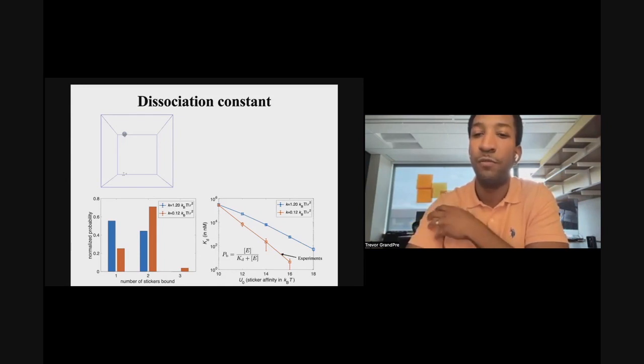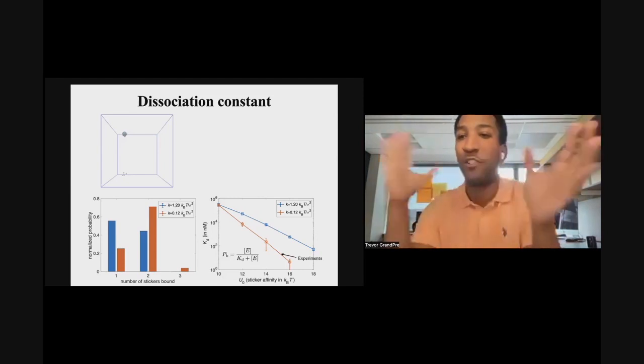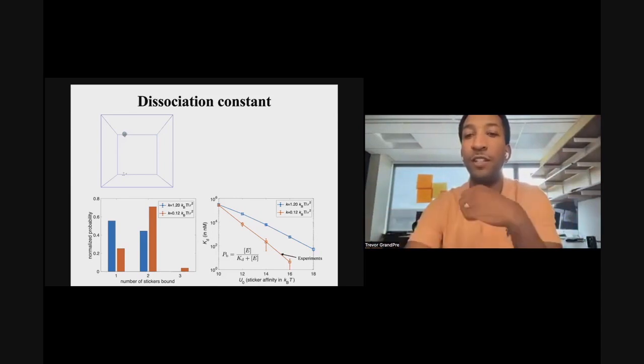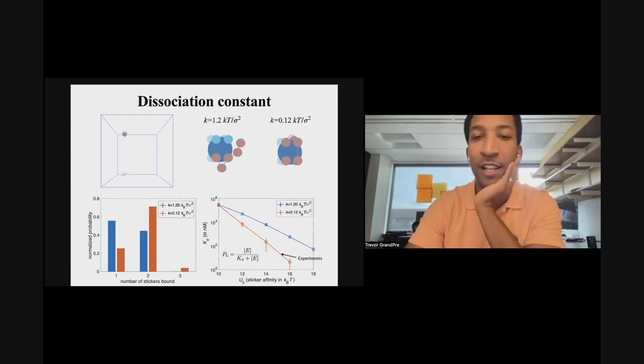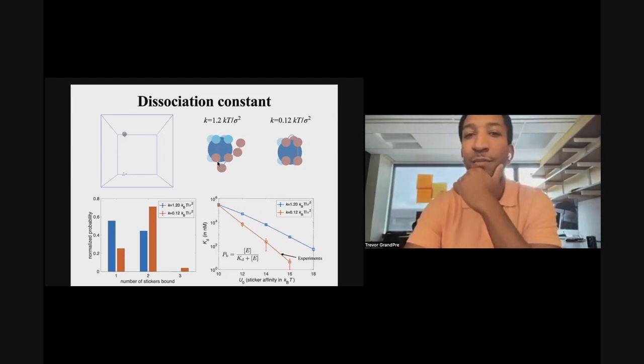So this shows that we can parameterize these specific microscopic parameters to experimental parameters through this dissociation constant. And here's a little picture of what's going on. For the larger spring, you see that the linkers are so short that you can't bind consecutive stickers of EPYC1.